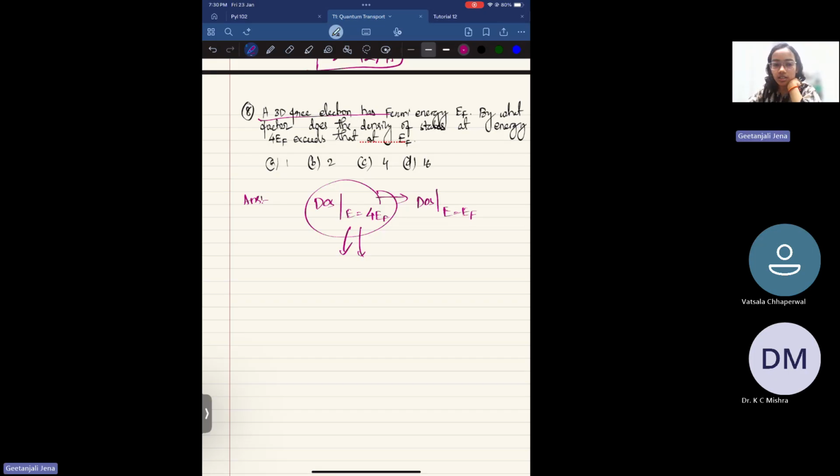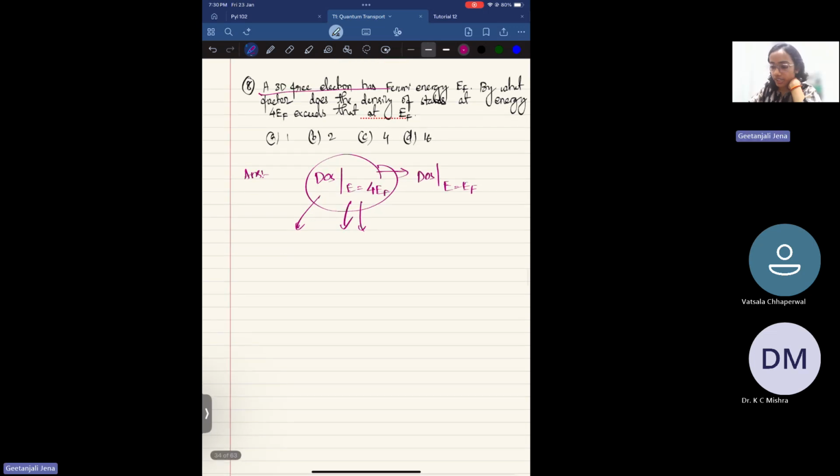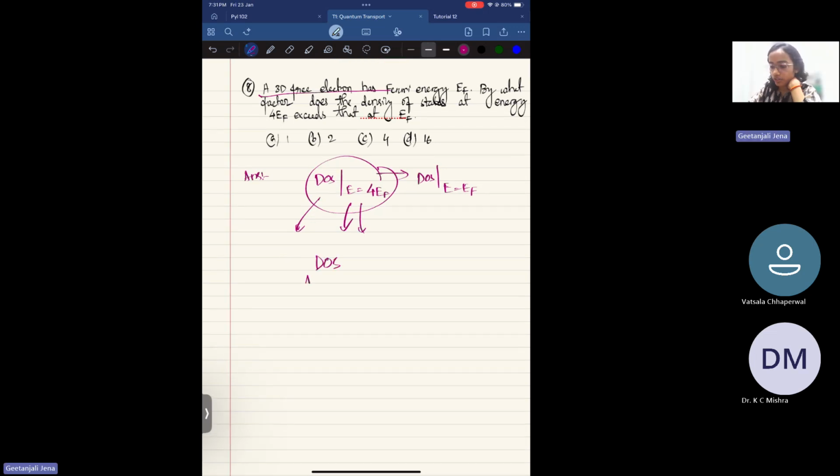For 3D, what is the dependency of density of states on energy? It is square root of E, right? For the 3D case. For 2D, it is a constant. For 1D, it is 1 by square root of E, and for 0D, it is a delta function.